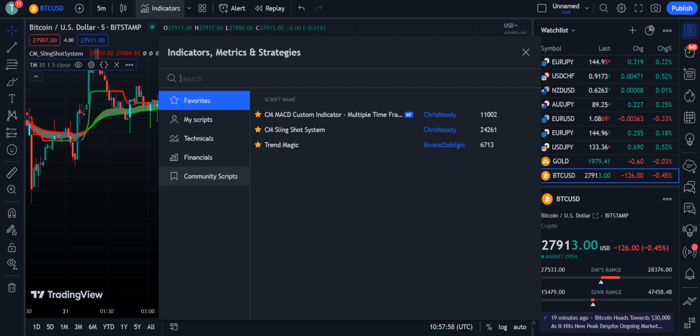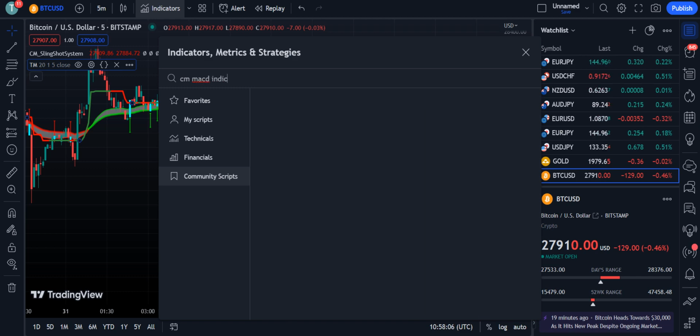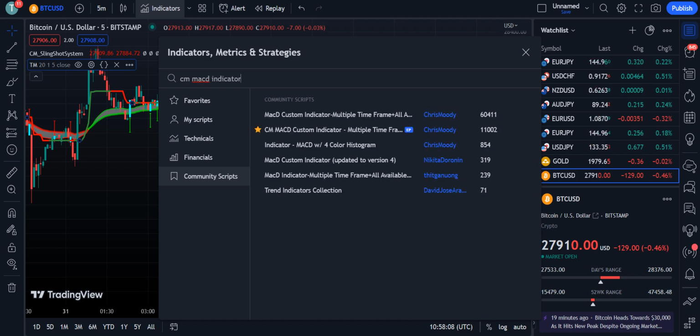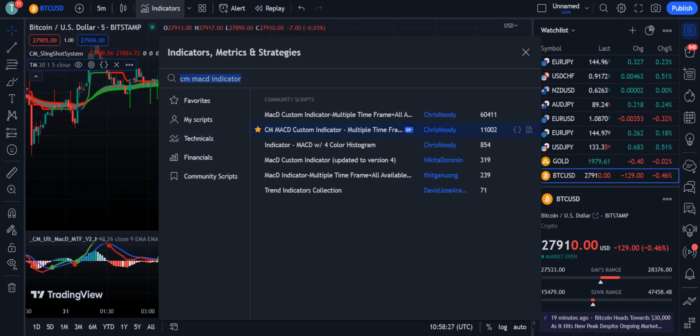We won't be changing anything else here. Now we will go for the last indicator, and that is the CM MACD indicator, multiple time frame, and this is again by Chris Moody. 11,002 traders are using this indicator, so we have to simply click on it.